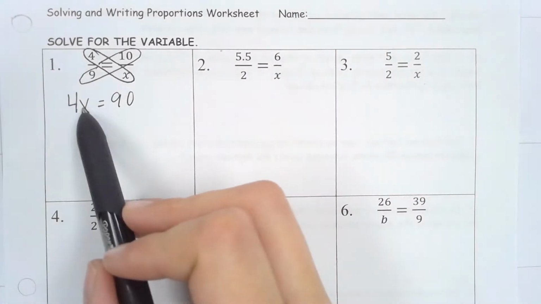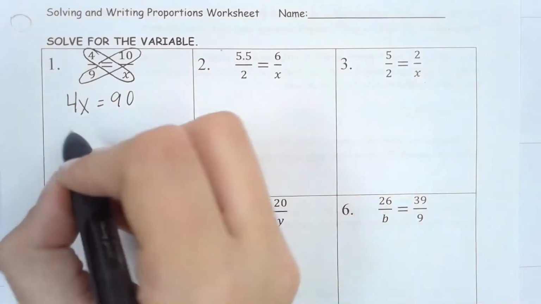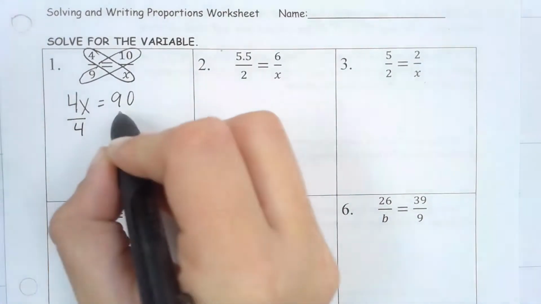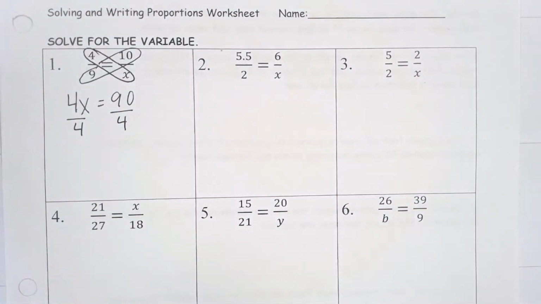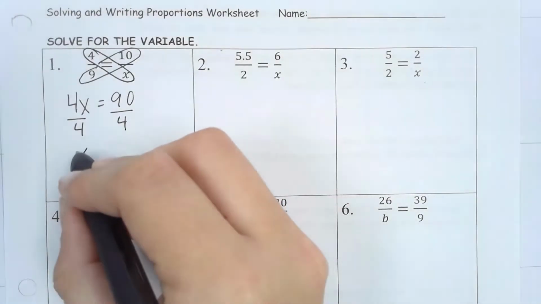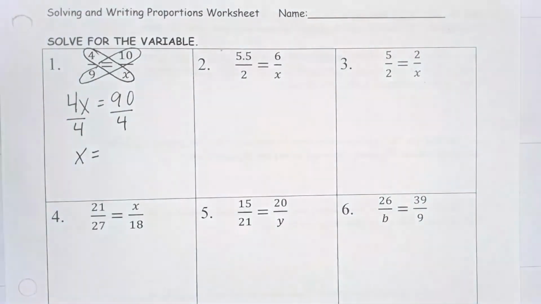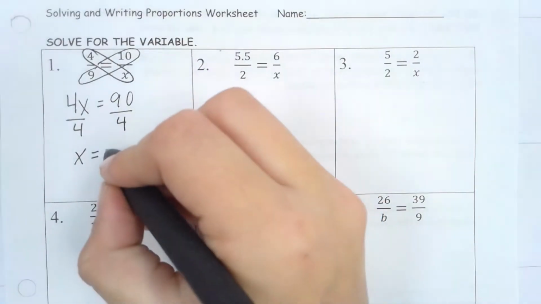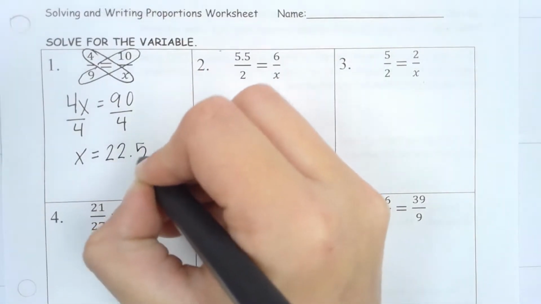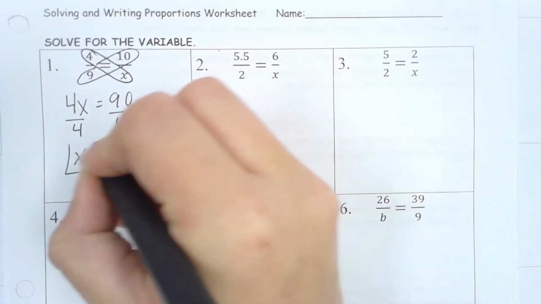So the 4 and the x currently are multiplying, so the opposite of multiplying would be dividing. So we're going to divide by 4 on both sides, and we are going to get x equals, and then in your calculator, if you were to take 90 divided by 4, we get 22.5, and that is our answer.